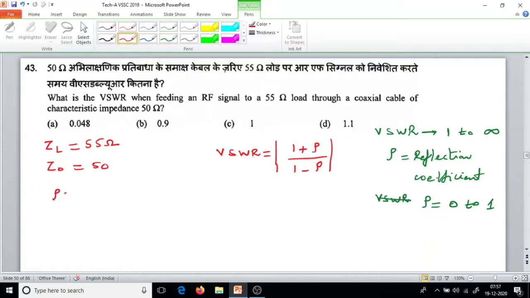Now, to find VSWR, first we have to find the reflection coefficient. The reflection coefficient rho is given by ZL minus Z naught divided by ZL plus Z naught.